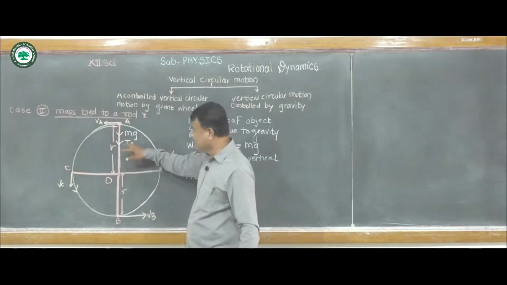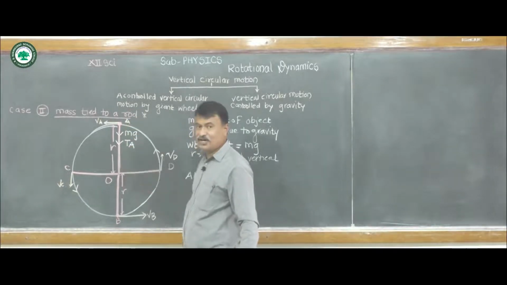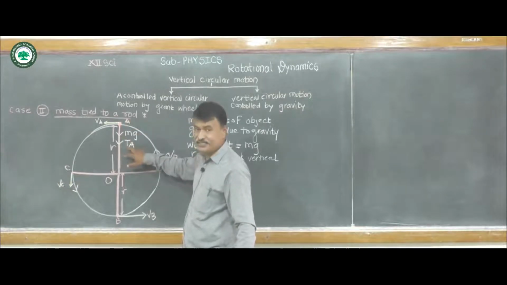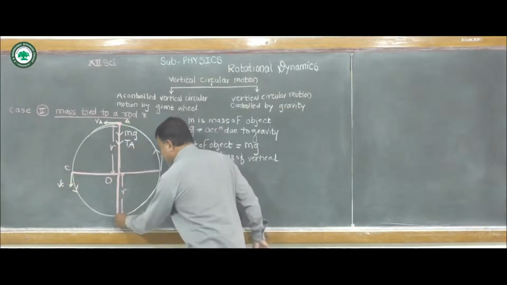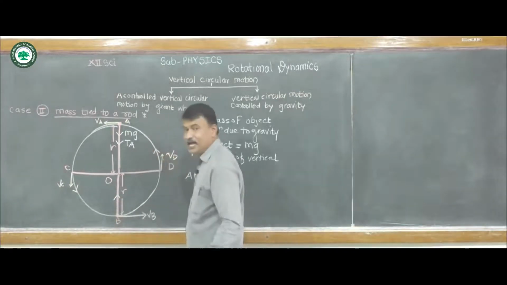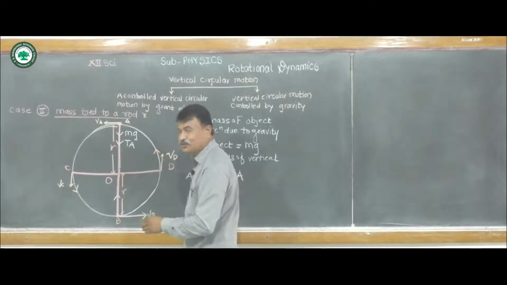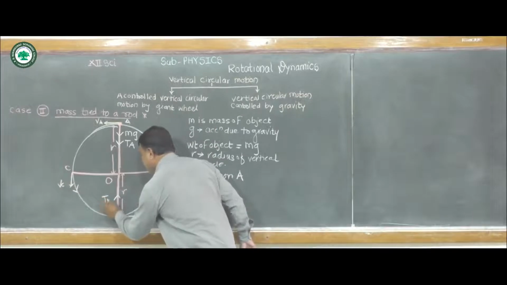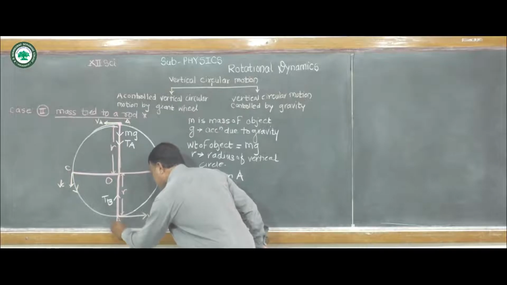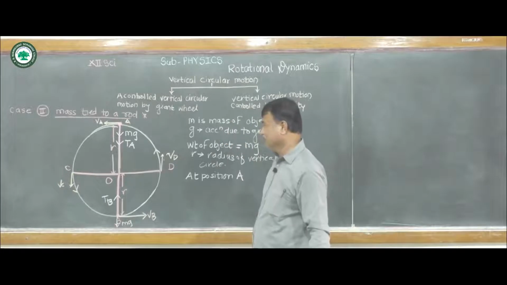Always we know that this tension is along the rod directed toward the center of vertical circle. When it is at position A, then tension is TA. When the object is at B, then tension in the string or tension is along the rod in upward direction, means directed toward the center, which is shown by TB. And weight is always vertically downward direction.